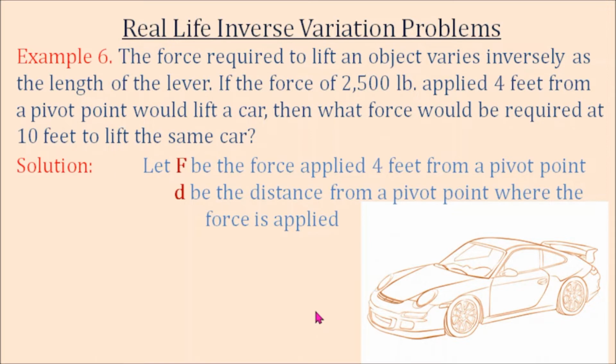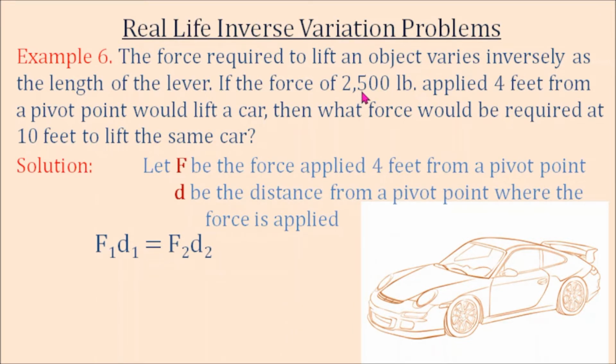We have an alternative solution. If F is the force applied 4 feet from a pivot point, and D is the distance from a pivot point where the force is applied, so we can have this equation. F sub 1 times D sub 1 equals F sub 2 times D sub 2.